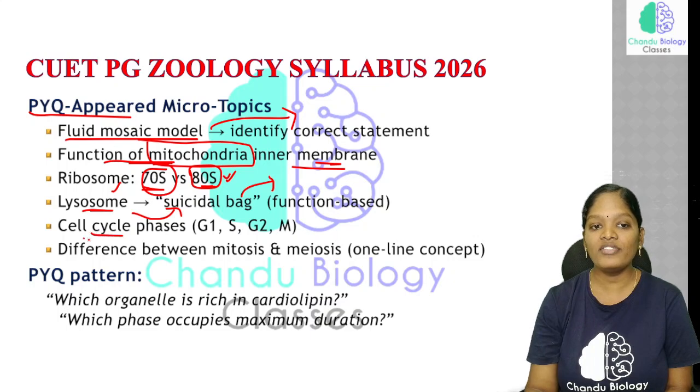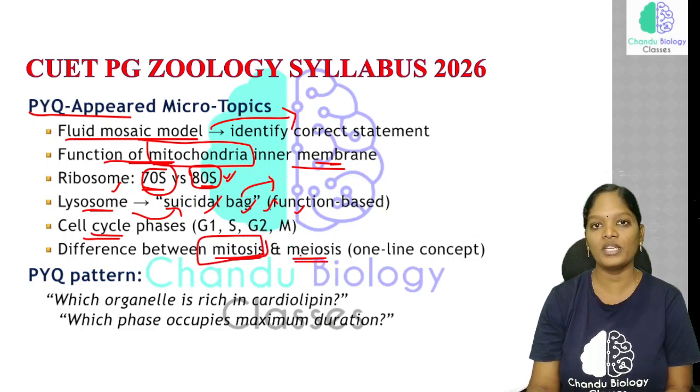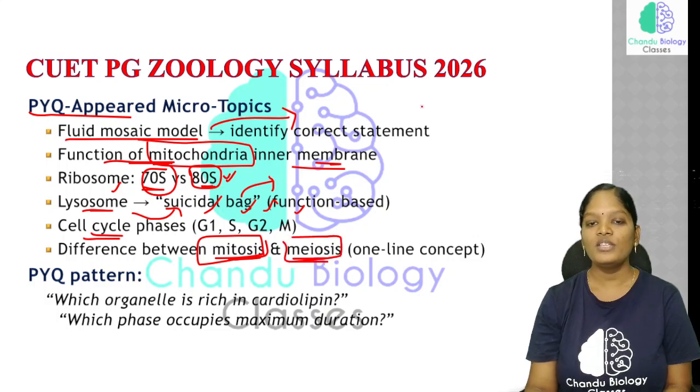Now the cell cycle phases, the questions arise frequently on the cell cycle phases, that is G1 phase, S phase, G2 phase and M phase. Okay, and what is the difference between mitosis and meiosis? You should know the basic details of mitosis and meiosis.